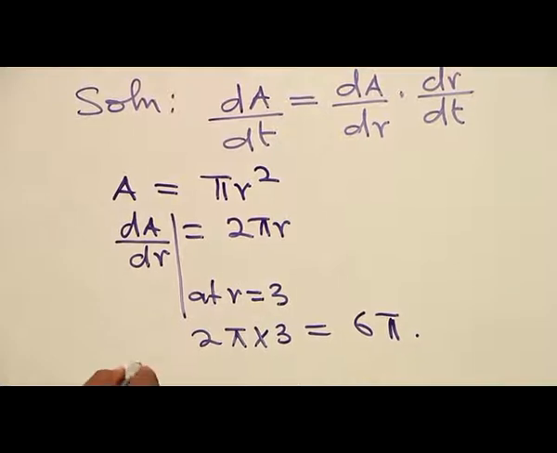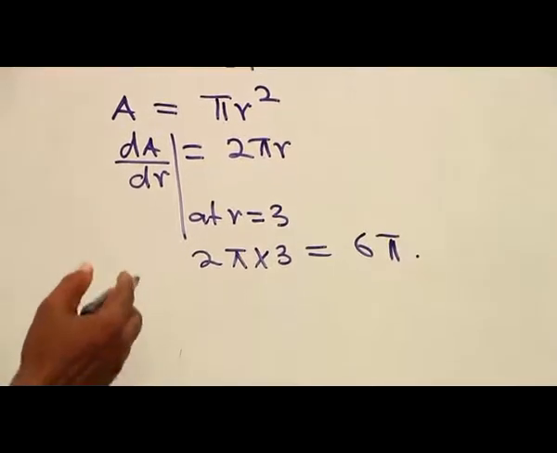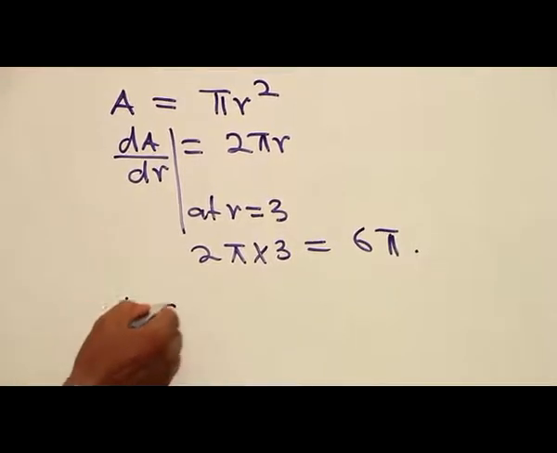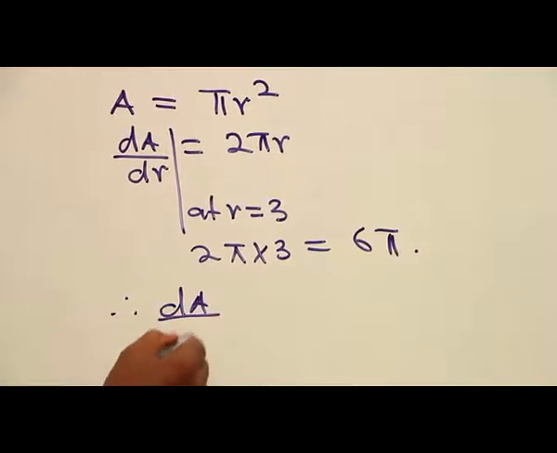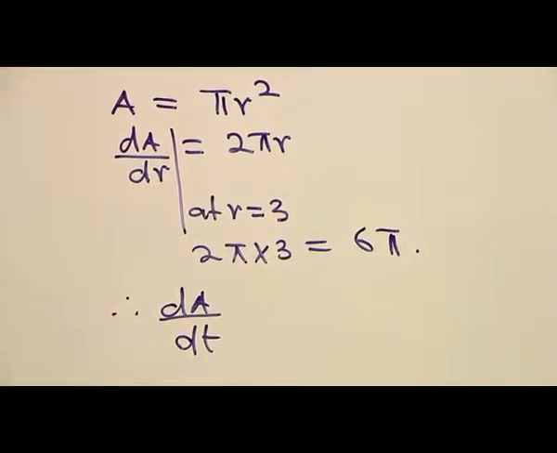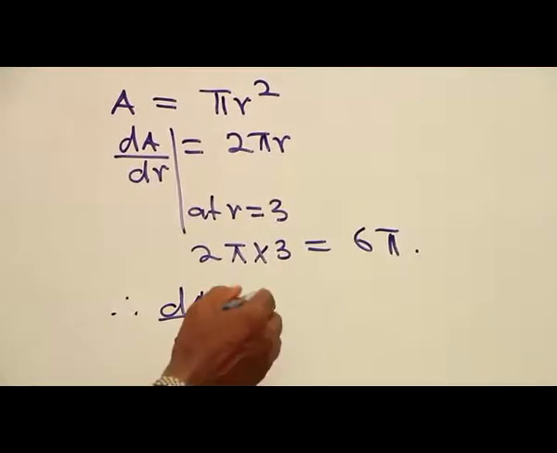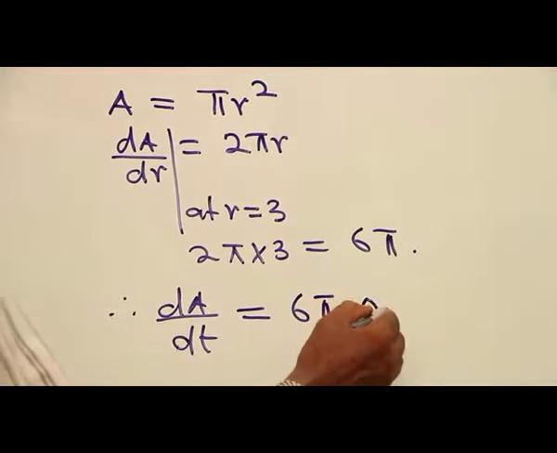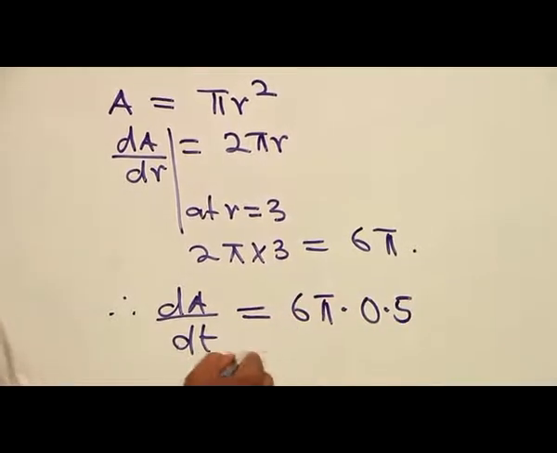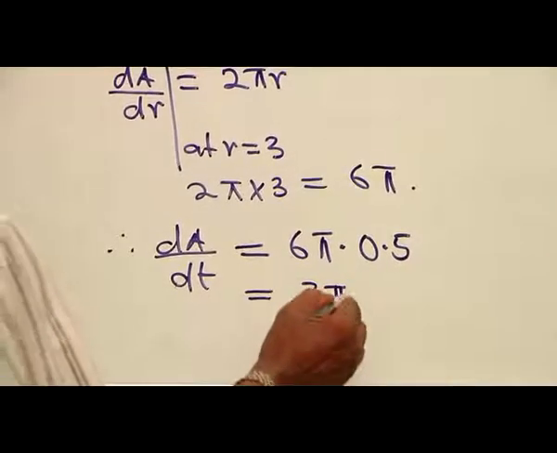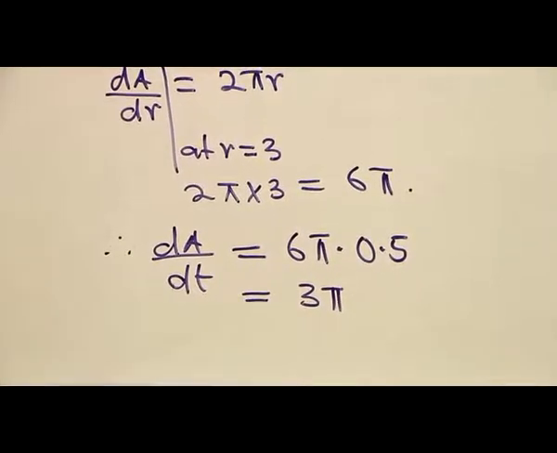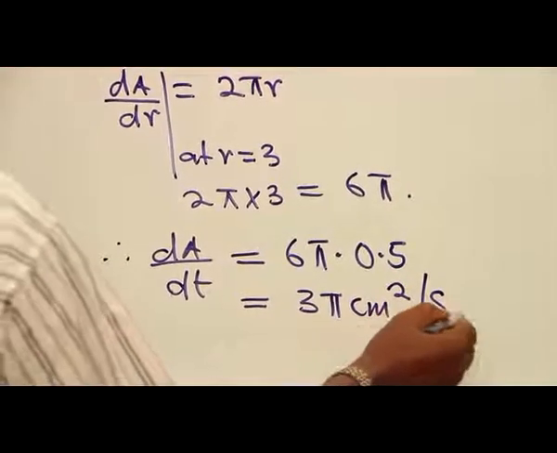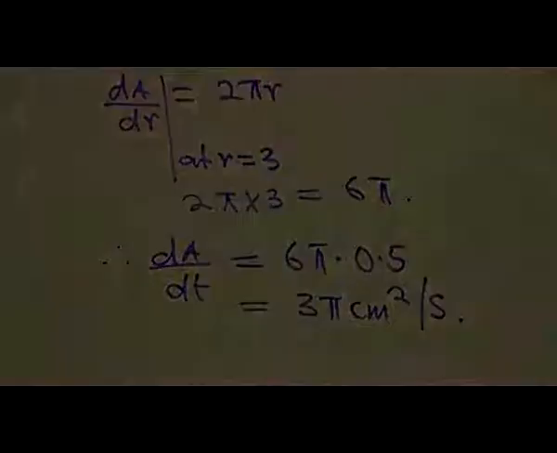Now that we have gotten that, our dr over dt is given to us as 0.5 centimeters per second. Therefore, our dA over dt, the rate of change of the area with respect to the time, will be equal to 6 pi times 0.5. And when you multiply this, you have 3 pi as the rate of change. And this one is in centimeters squared per second.